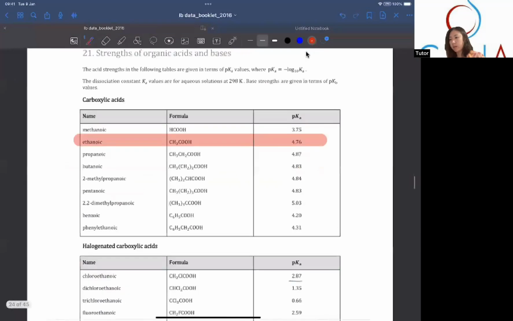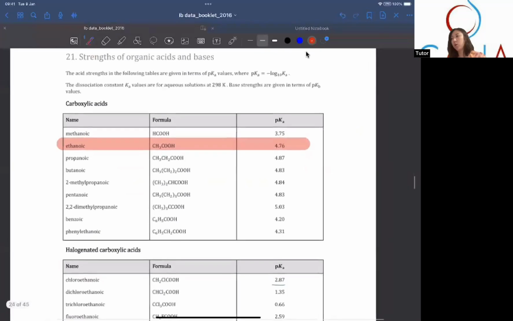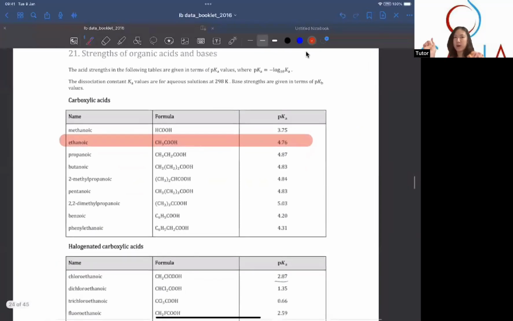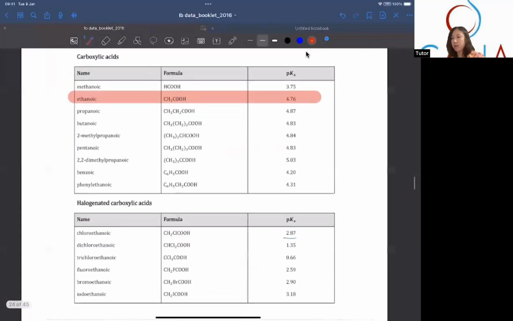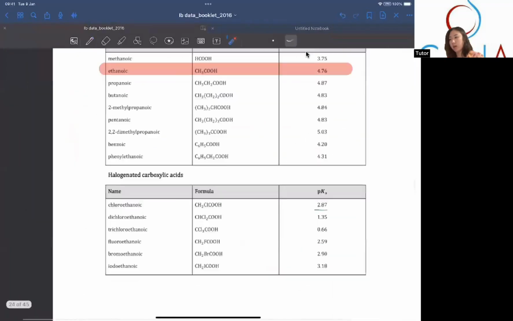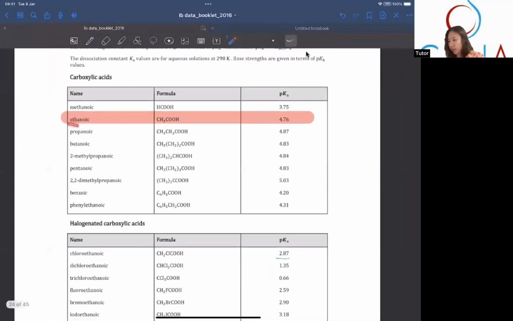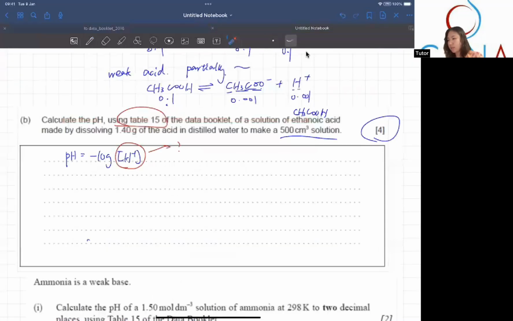By the way, because I found this question in the old past papers, the versions of the mark scheme could be a bit different. But anyway, you're supposed to look at this table of carboxylic acids, like the Ka and pKa of weak acids and bases. In this table, you find the information about ethanoic acid, and the pKa is equal to 4.76. I'll write it here first. That's a very important piece of information.